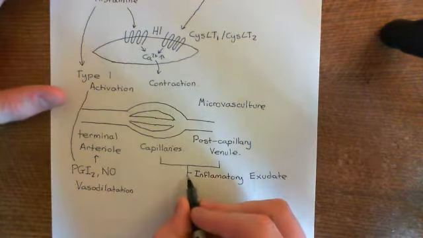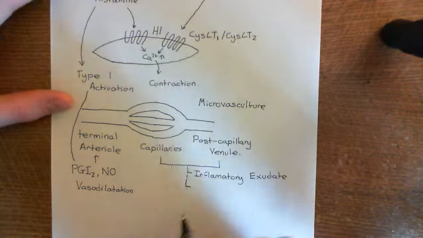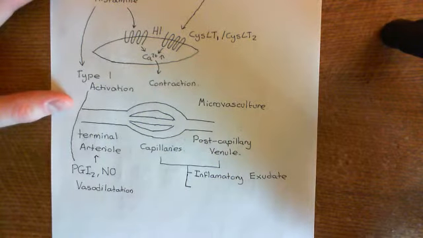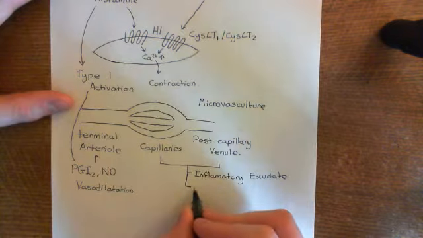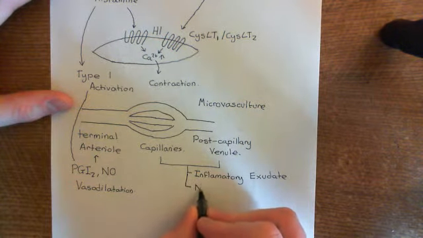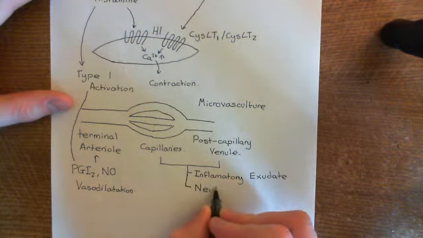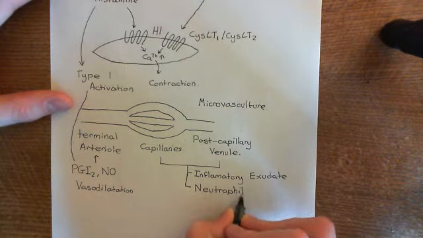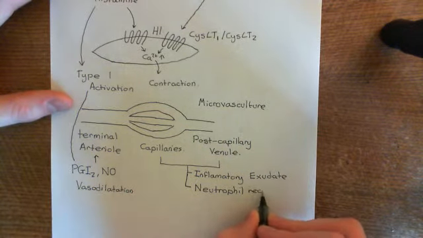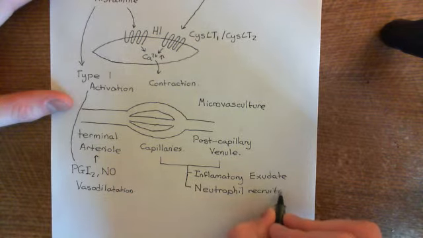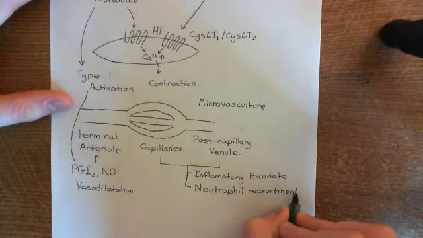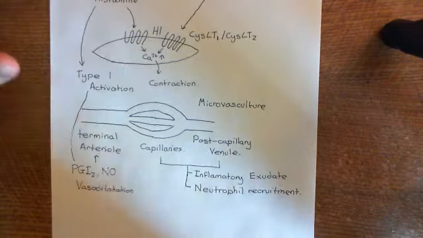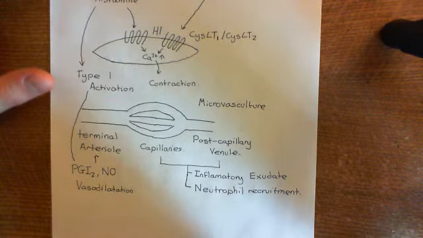Okay, now you're also going to recruit leukocytes from the blood. You're going to recruit white blood cells, and the specific type of white blood cell that type 1 activated endothelial cells can recruit are neutrophils. You're going to get neutrophil recruitment. Okay, so type 1 activated endothelial cells do not have a massive repertoire of white blood cells which they can recruit, but they can recruit neutrophils.